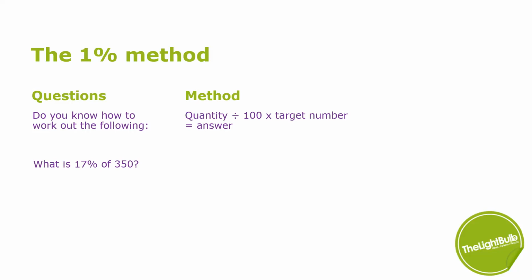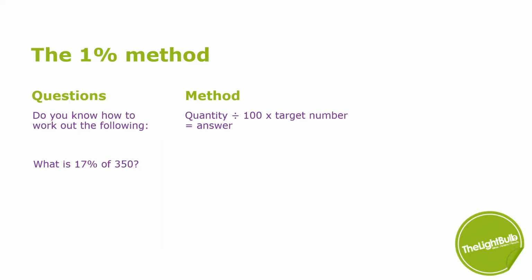So we start off with the quantity, which in this example was 350. We divide it by 100, because as soon as we do that, what we find is the value of 1%. Because percent comes from the Latin origin, it means out of 100. And so as soon as we divide something by 100, what we're finding is 1% of that amount.